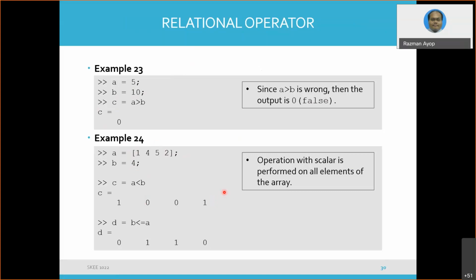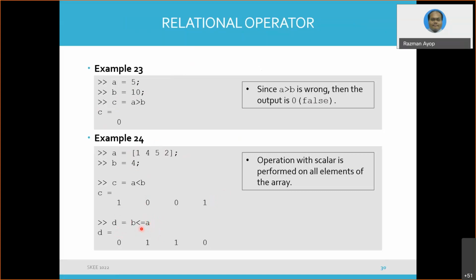Okay. Then for D is equals to B less than or equals to A. So basically to get D, you just compare this.